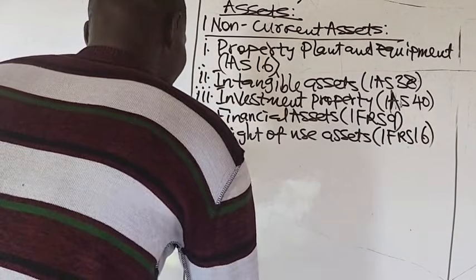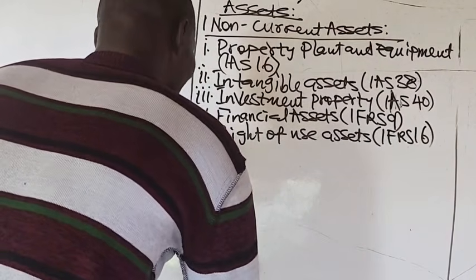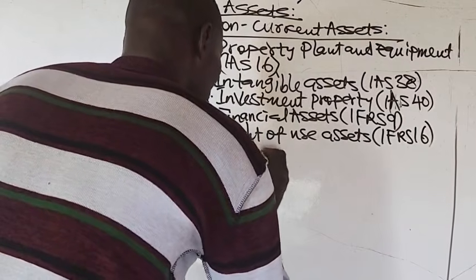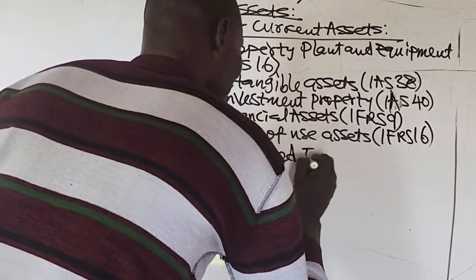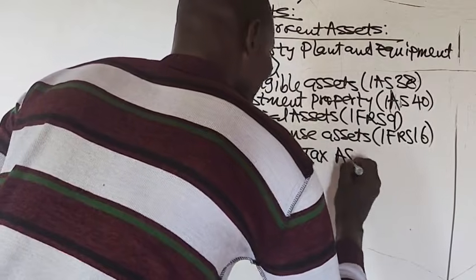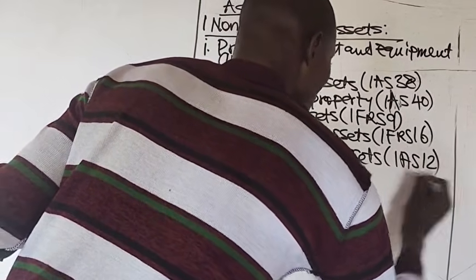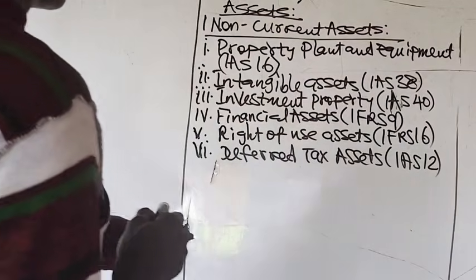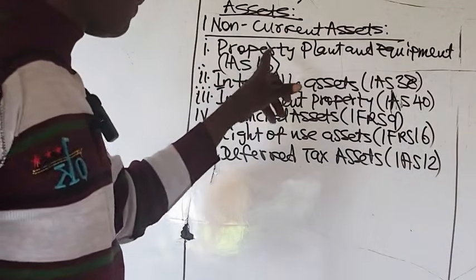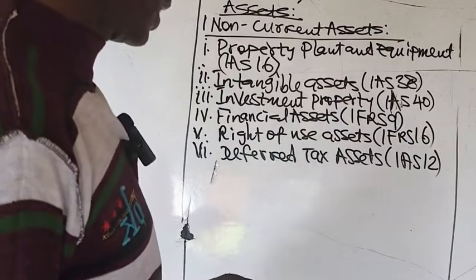Number 6, we have deferred tax assets in accordance with IAS 12. So, all these are examples of non-current assets.